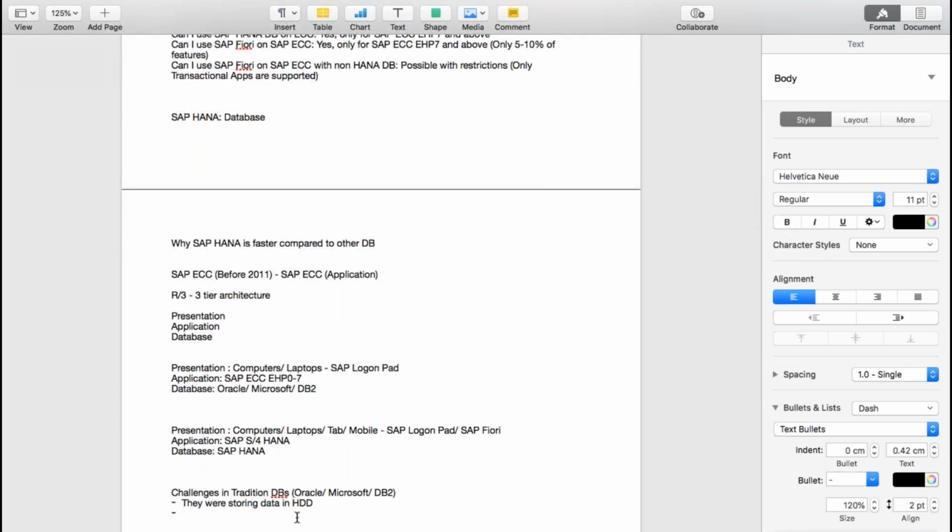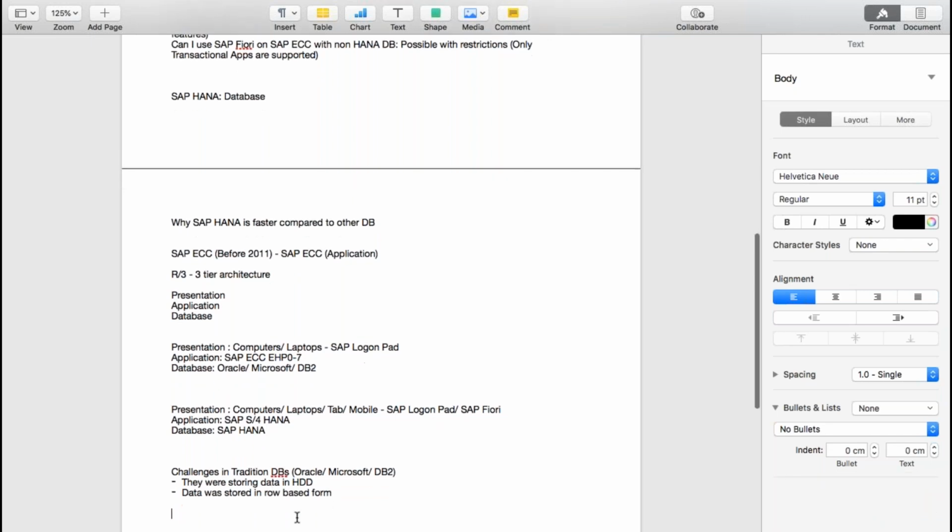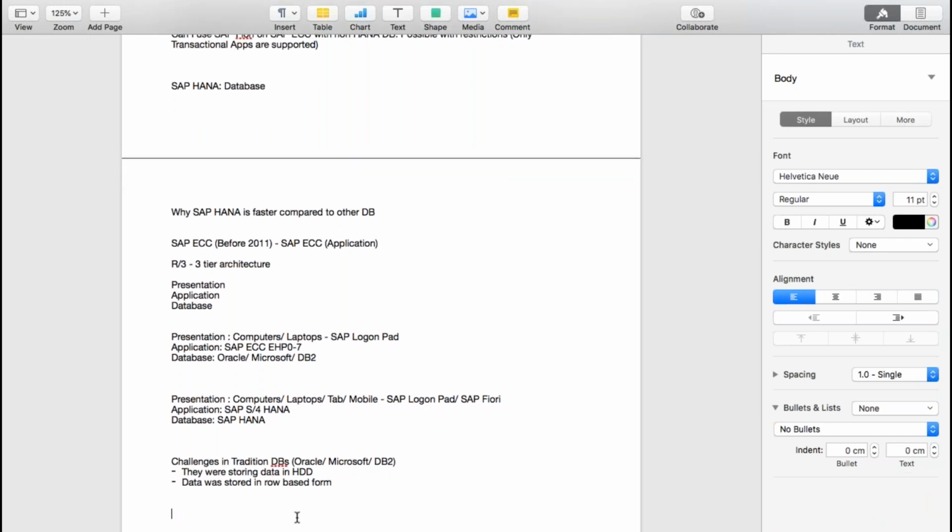Number two, data was stored in row-based form. Now this is technical. I'm not expecting you to understand the technical details, but just understand that row-based data is very slow to extract.